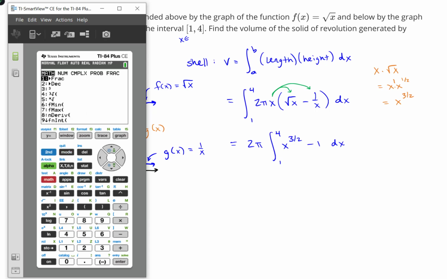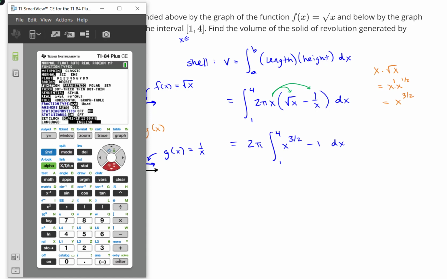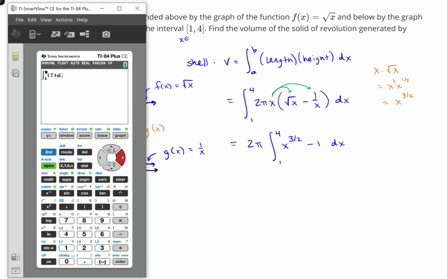So if I go to fnint, and I'm integrating from 1 to 4, this would be x. Oh, I'm in the wrong mode. I need to change back to function mode in order for that to give me the variable x here. So x to the 3/2 power.